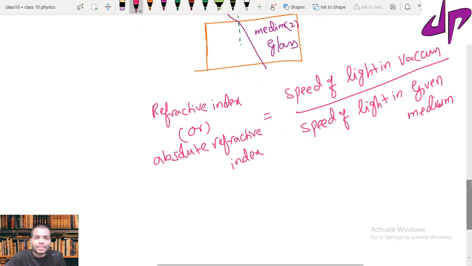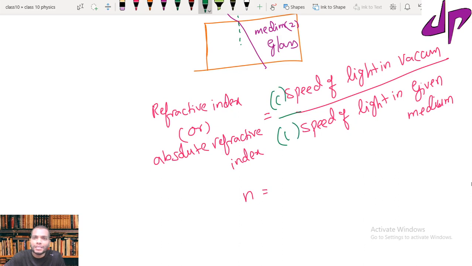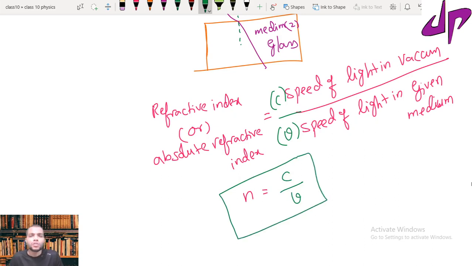We can call this absolute refractive index n equal to speed of light in vacuum, which we represent as c, upon the speed of light in a given medium, which we represent as v. So n equal to c upon v. This formula is used to relate the speed of light in a given medium and the speed of light in vacuum and the refractive index of the given medium.